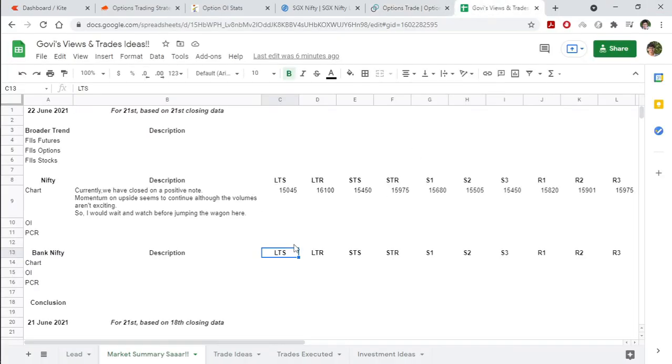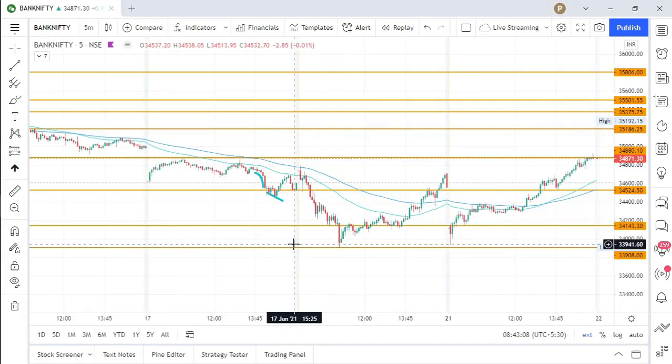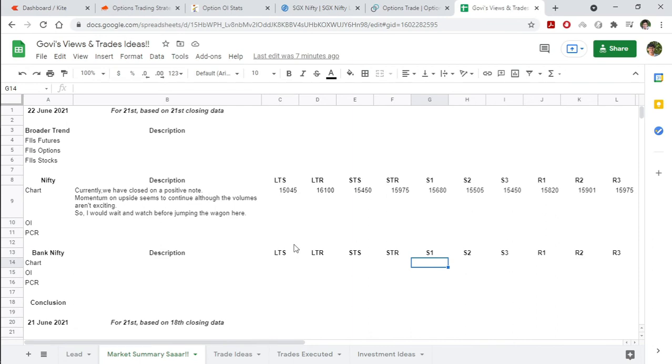So where are we currently? Support 1 would be 34,520.